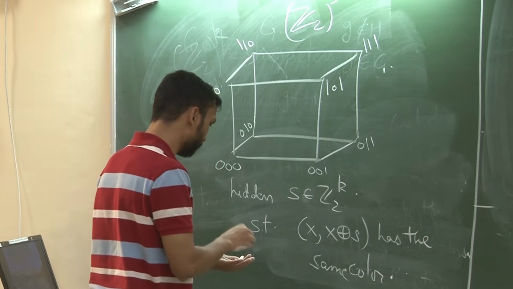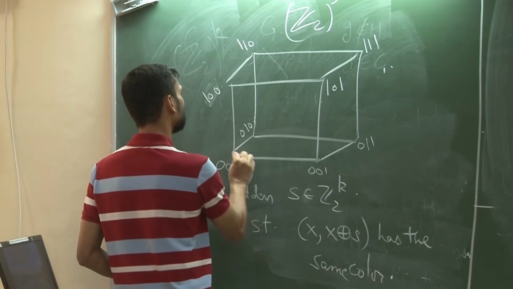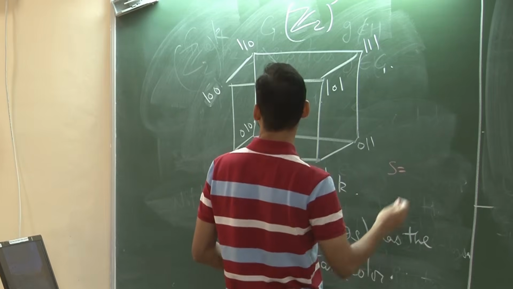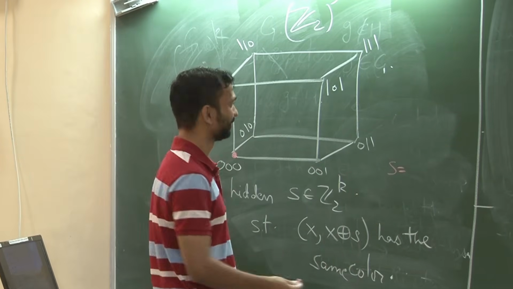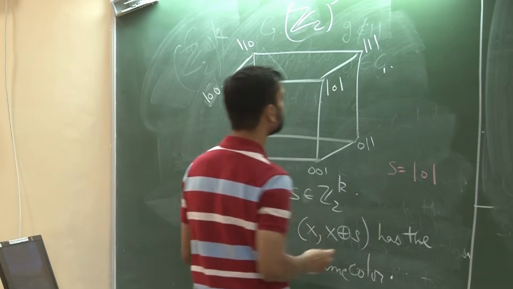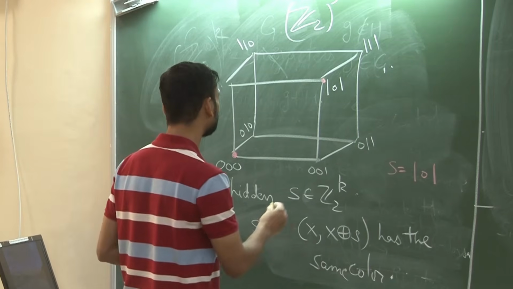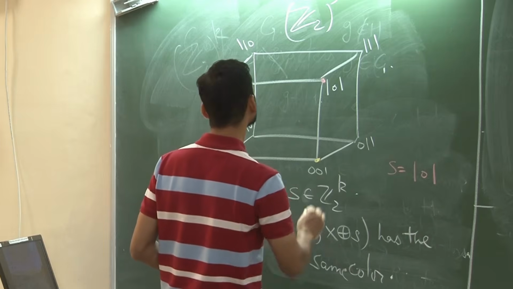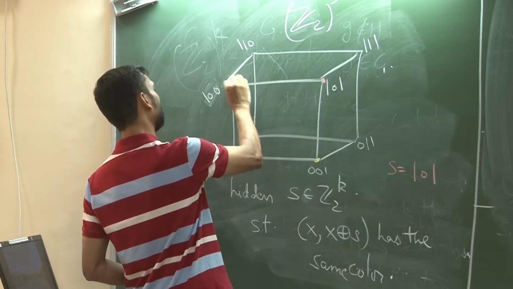This is your Z2 cube, and let's say your S is any favorite S which is not 0. Let's pick it as 101. So in that case, these have the same color, and then these will have the same color.